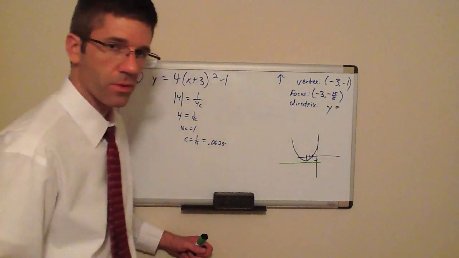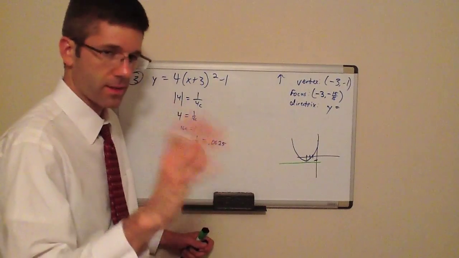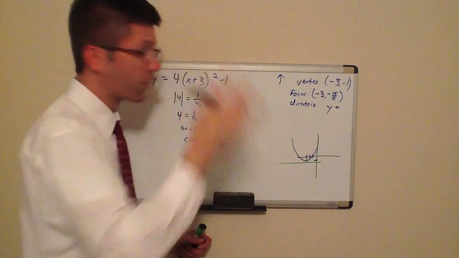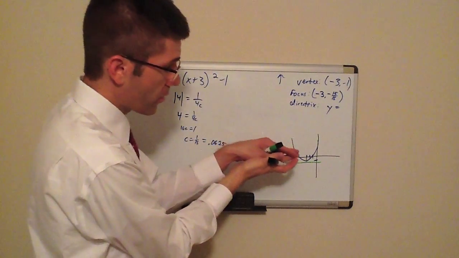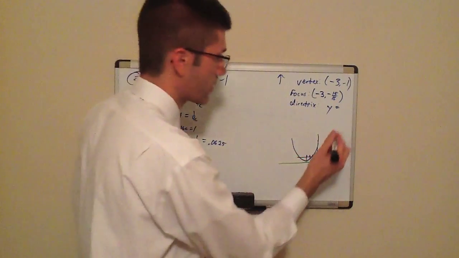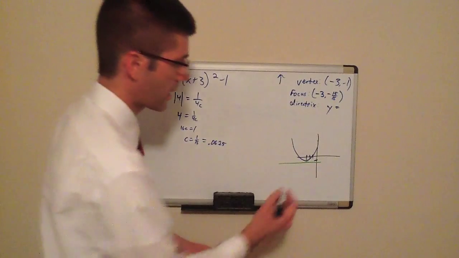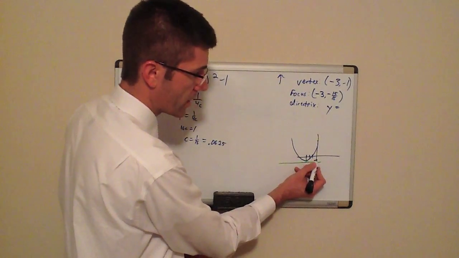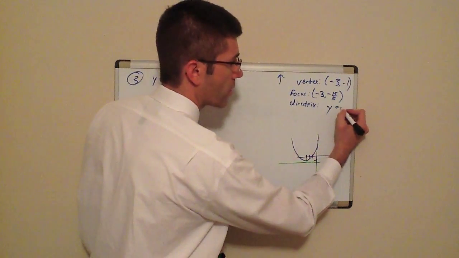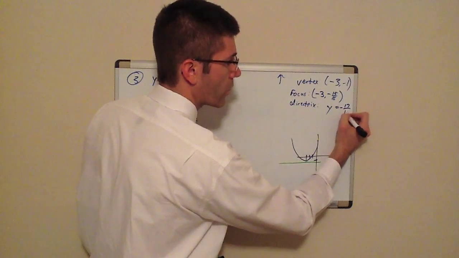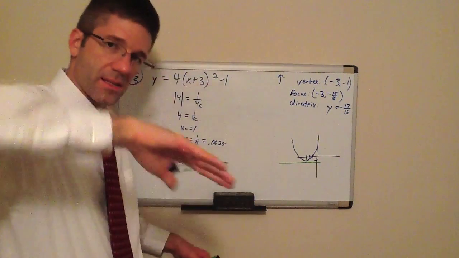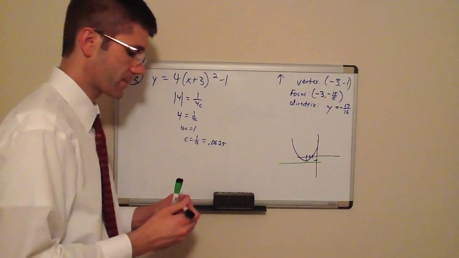I'm going to use a fraction. I'm going to go down 1 and then a 16th more. So I've gone down 1 and 1/16. That's 17/16. Okay?